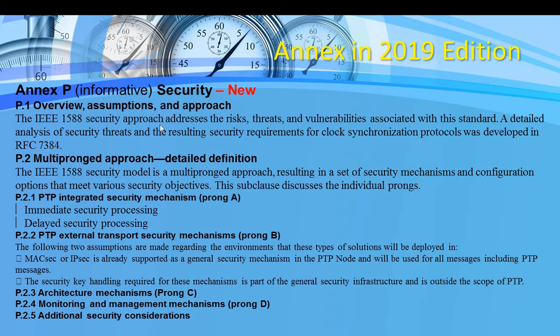And that Annex P for the 2019 version is a major change, because the 2008 version did not include any security feature. But in the 2019 edition, the Annex P describes how to implement PTP security features. That is the major section. P.1 overview, assumption, and approach.